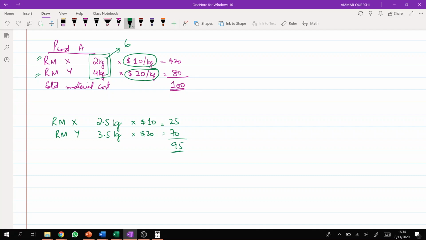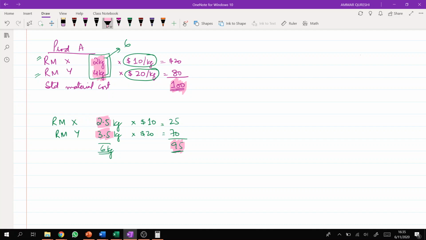What we did is we just changed the proportion of raw material. Total consumption is still 6 kilograms, but instead of making an input in the ratio of 2:4, we made an input of 2.5 to 3.5. By just changing the mix of raw material, we have reduced our material cost by $5. So this concept you can also use in target costing.